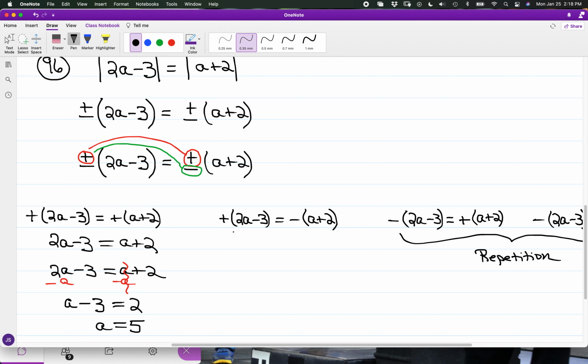Now for what I have here, if I take out the parentheses, I have 2a minus 3. And for the distribution of the negative over a plus 2, we have negative a minus 2. Now in this one I'm going to combine the a terms. Now this time the smaller a term is negative a as opposed to positive a.